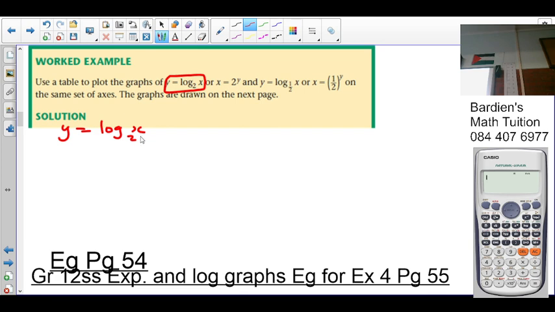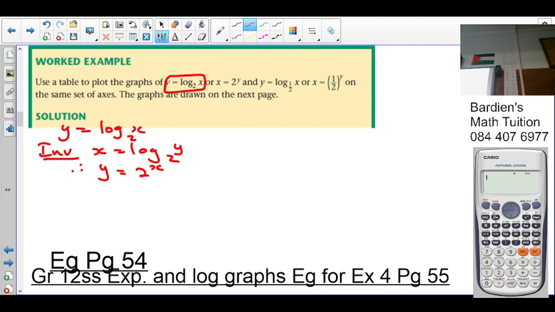So what do we do for the inverse function? Interchange x and y. So we have x is equal to log y base 2. Therefore, y is equal to 2 to the x. Can you see that? So y is equal to 2 to the x. That is its inverse function.